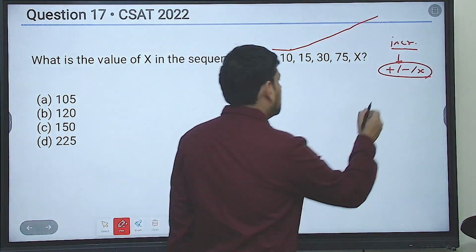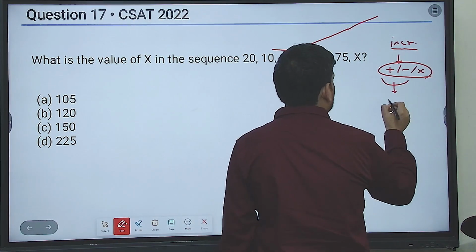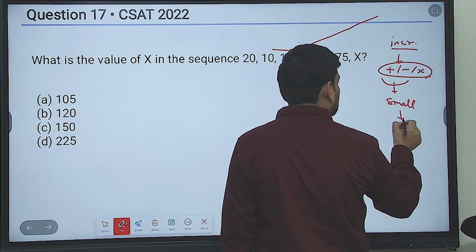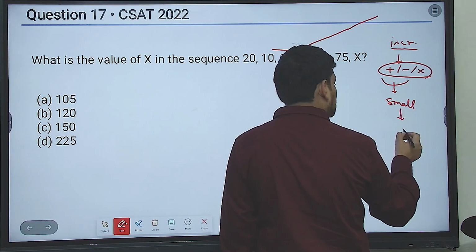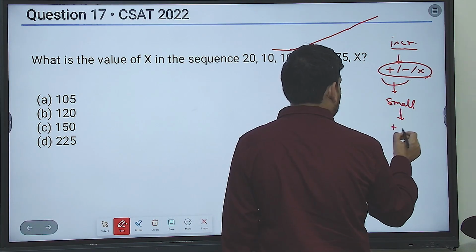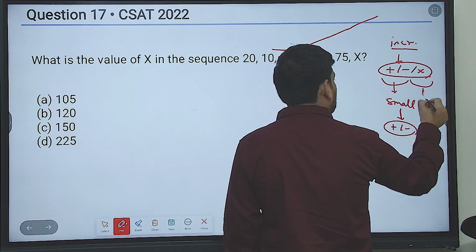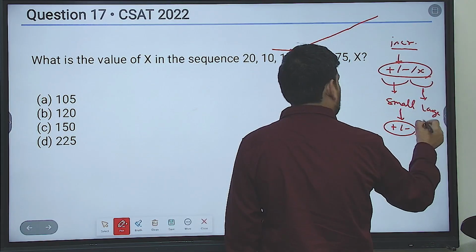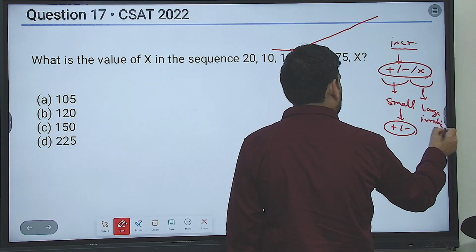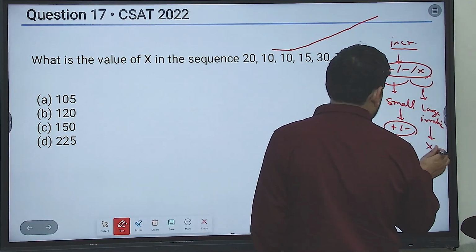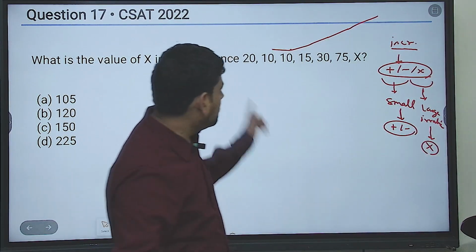If the difference between the terms is small, then you think in terms of plus or minus. But if the difference comes out to be very large or erratic, like you are getting here, following no such pattern, then you can think of multiplication. So here it is not following any pattern.